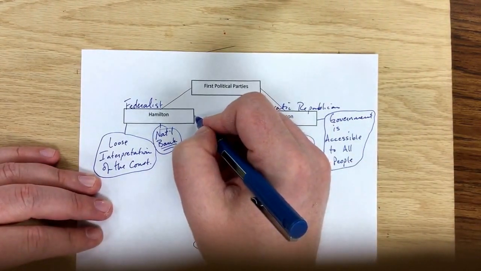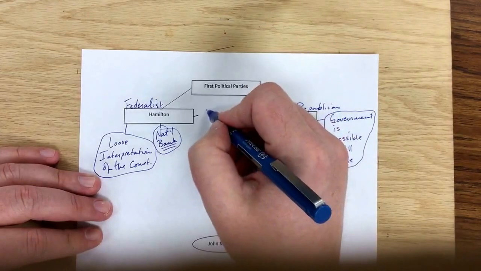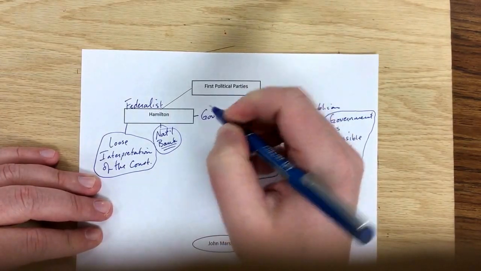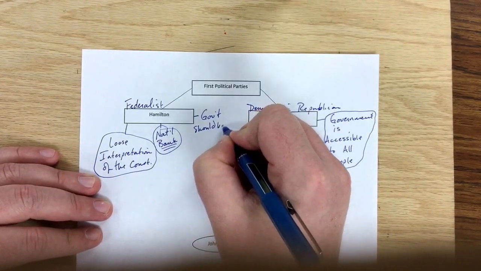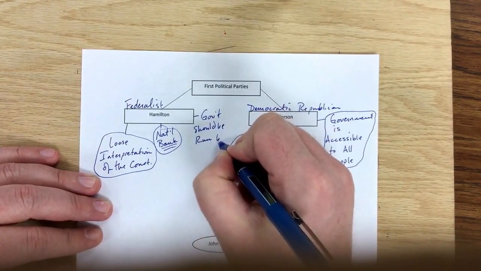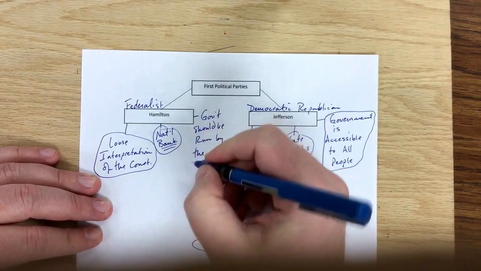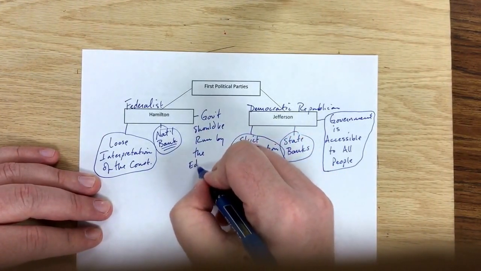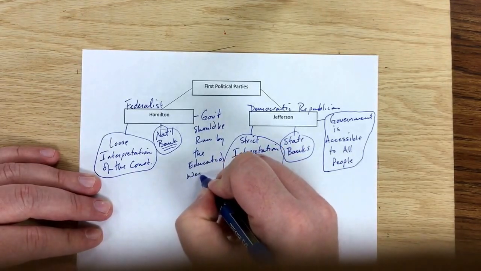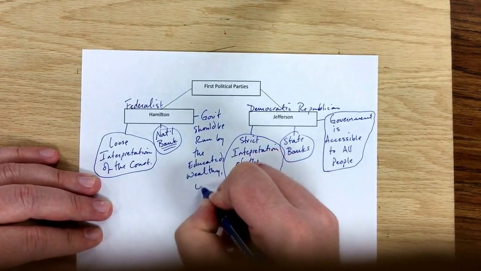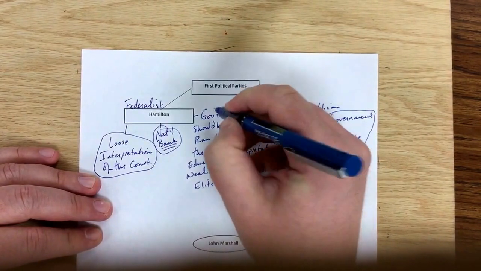The Federalists thought something very different. They said that the government should be run by the educated, wealthy elite.